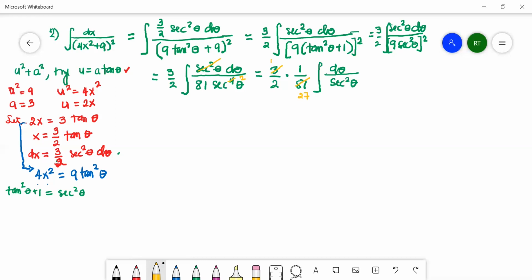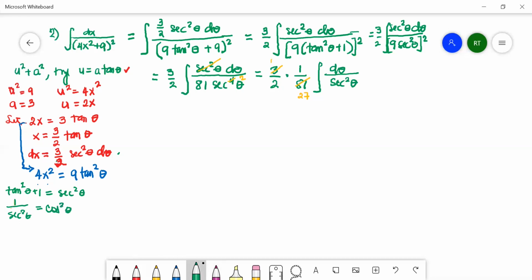Of course, this is not integrable in this form, but we know that 1 over secant square of theta is equal to cosine square of theta.